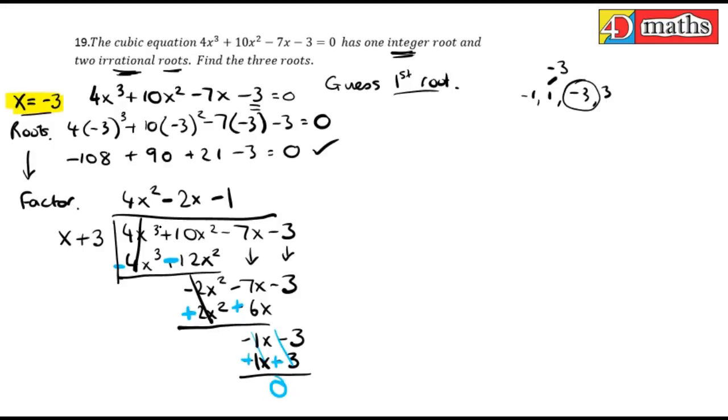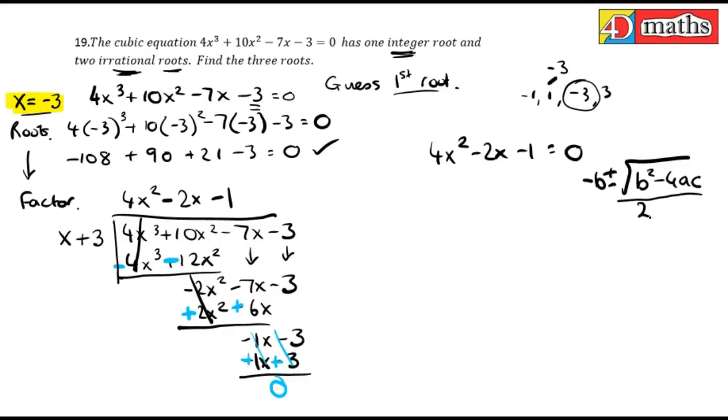So now, to find the other two roots, I solve this equation. Because it's going to be irrational, it's not going to be worked out by factor or by brackets, it's going to be done by the minus b formula. So here's the formula, minus b plus or minus square root of b squared minus 4ac all over 2a.